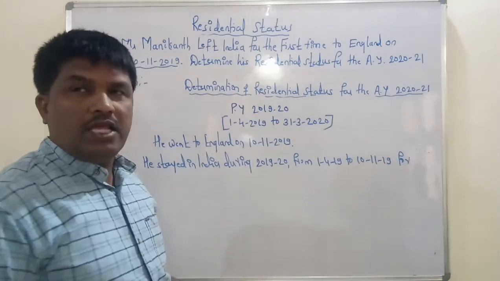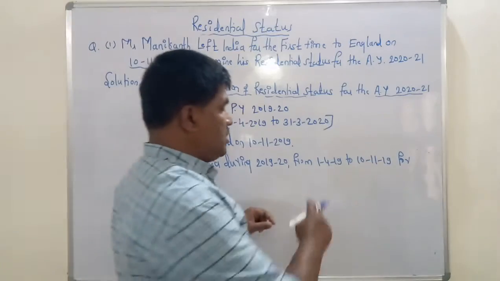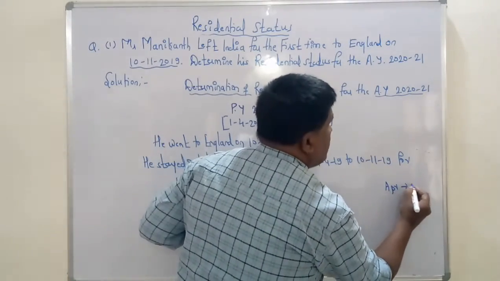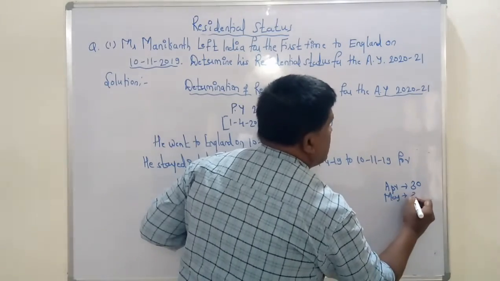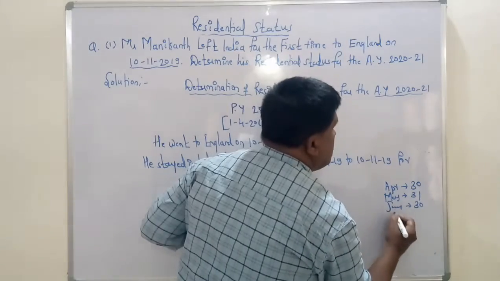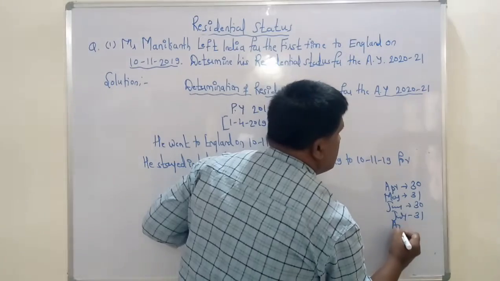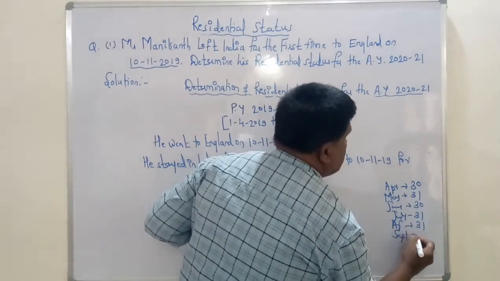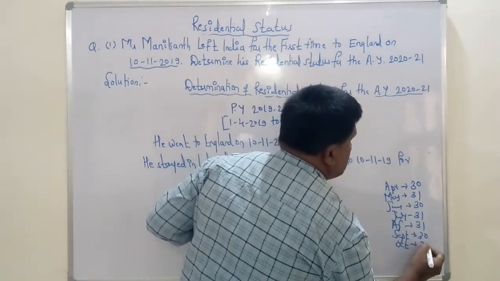Next you count the number of days he stayed in India during the previous year. So 1/4/2019 means it comes April 30, May 31, June 30, July 31, August 31, September 30, October 31.